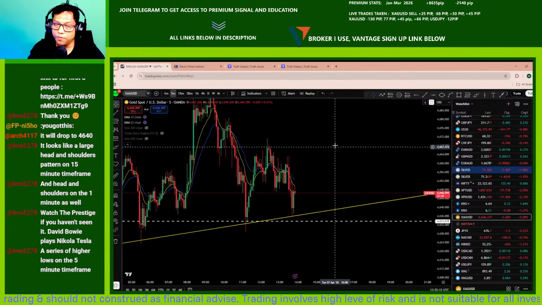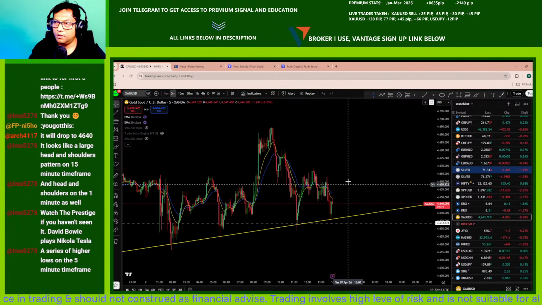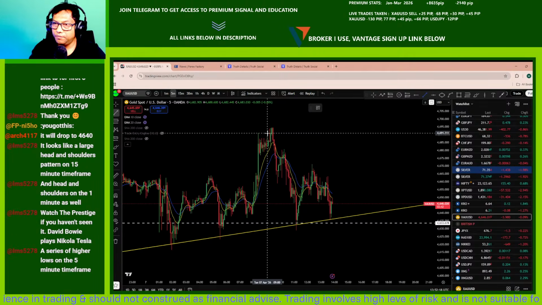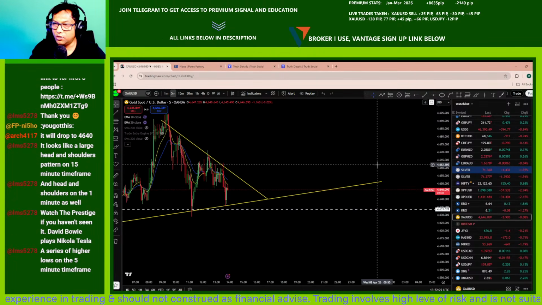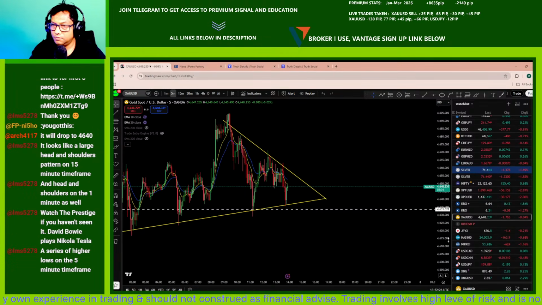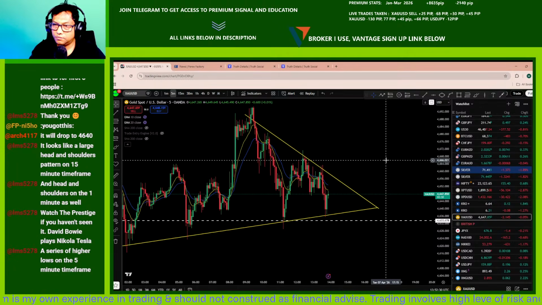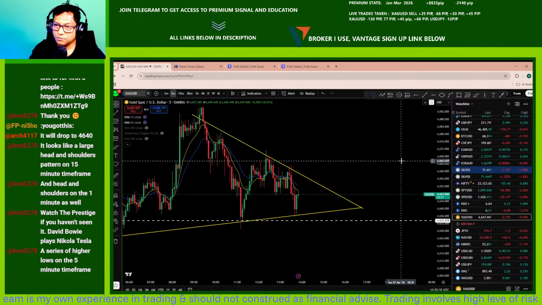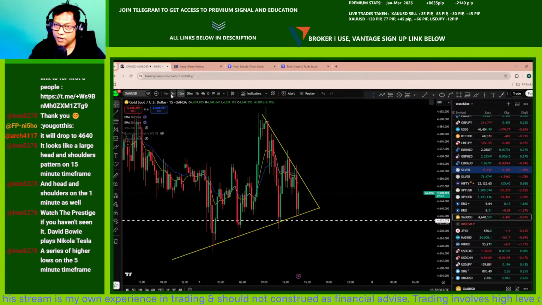And with this move that you can see, with this trend line, it has formed a kind of triangular pattern here in this area. And that is key here that I'm looking at.